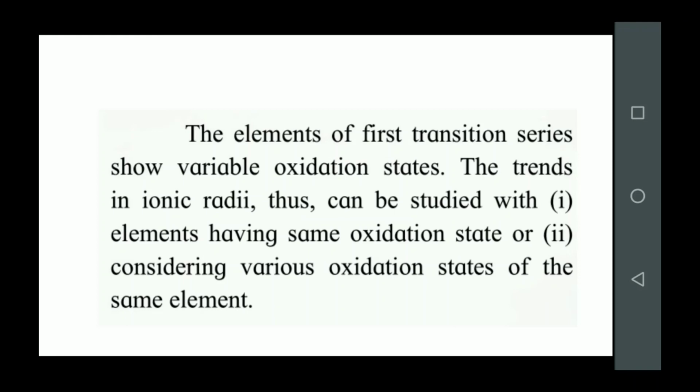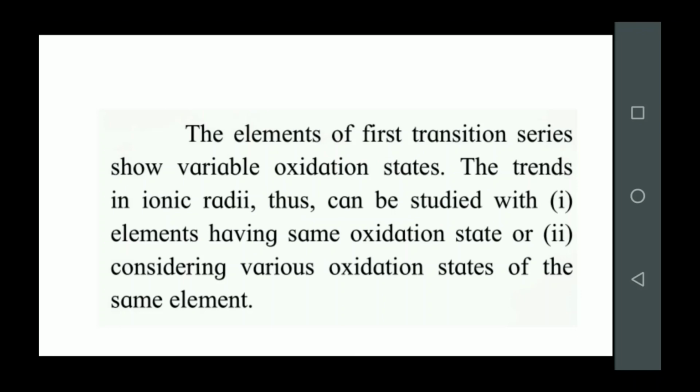It means when you move from scandium to zinc, you are observing the elements which are neutral, having zero oxidation state. And we have just discussed how the atomic size varies from scandium to zinc. So this is the first case which we have already studied.